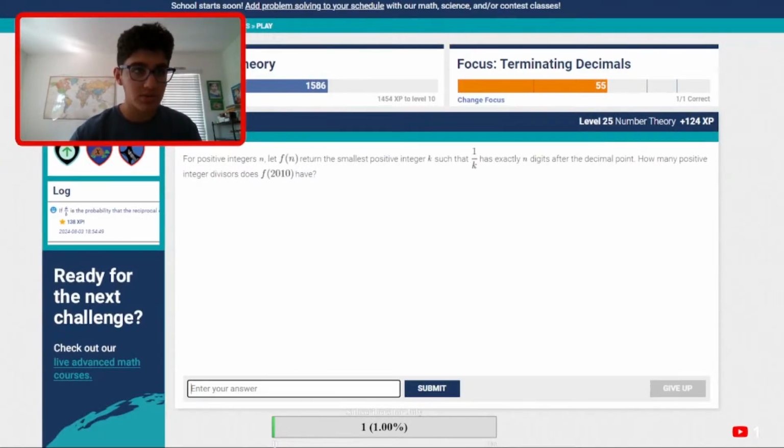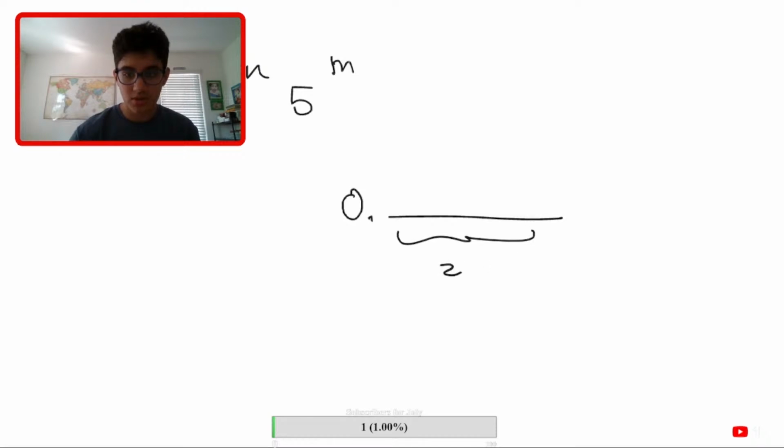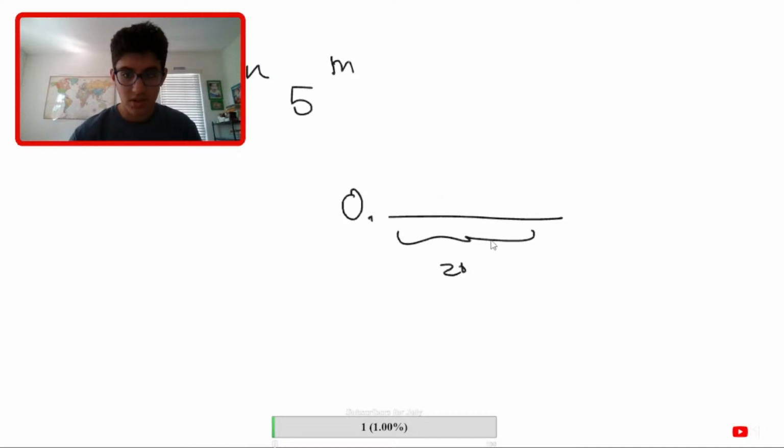The smallest possible one. So we basically want to get to as small a number. So it'll be like 0, this will be 2009 zeros, or wait, no, not necessarily.